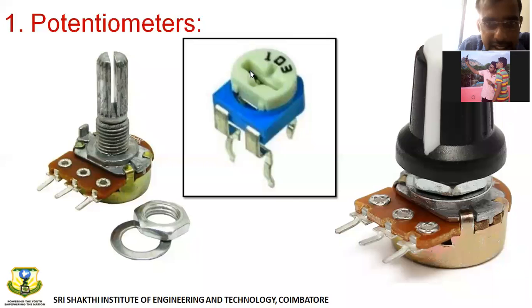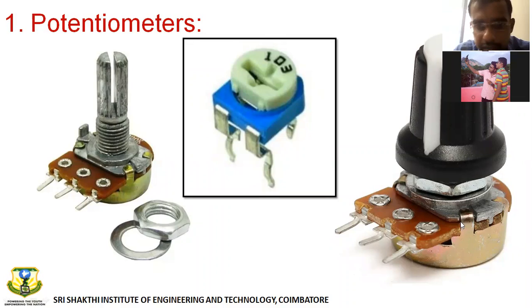In that case, you use a screwdriver, rotate it, and keep a preset value. For example, tuning adjustment or brightness is fixed inside and should not be changed by the user. That we call an on-board potentiometer. Where the user has to control it, off board, we make use of this kind of potentiometer, which is bigger in nature.